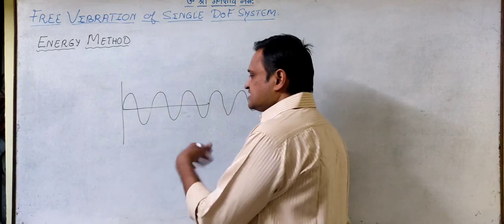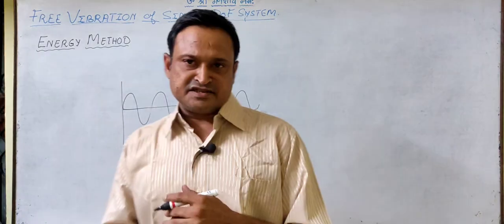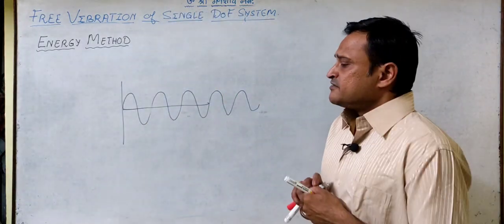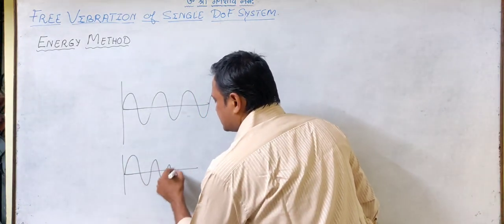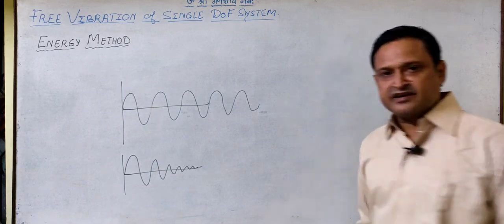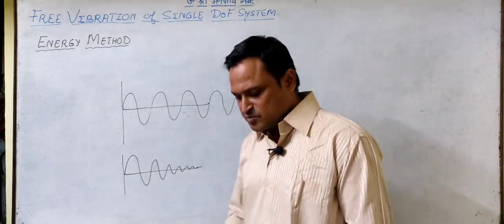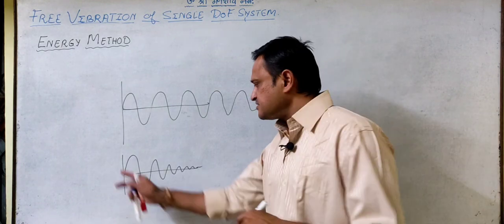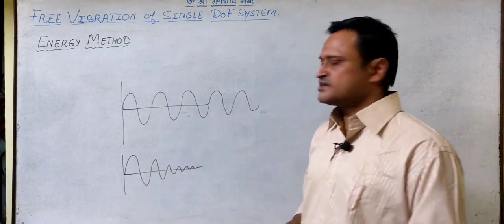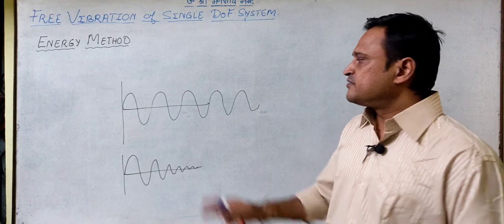That means the energy is getting conserved in the system, right? Whereas in case of a damped vibration, the energy is dissipated with the help of some medium, with the help of a damper. So the life of the vibration, you can say, is lesser compared to free vibration.